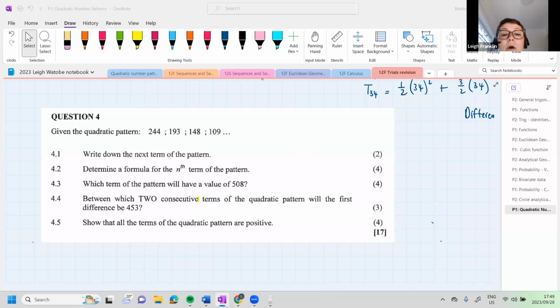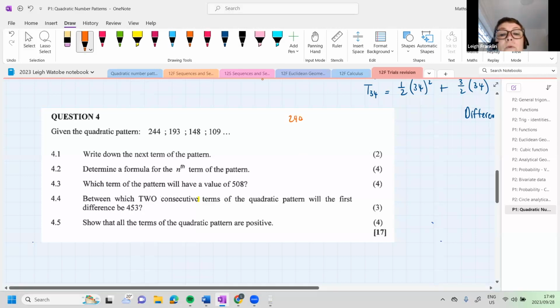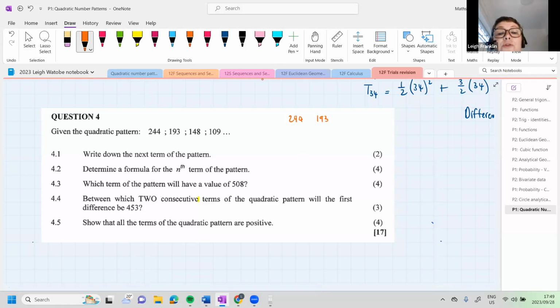So from 244 to get to 193, remember you're saying term 2 minus term 1. So now, is your difference going to be positive or negative? Exactly. Your difference is going to be negative. So we need to say 193 minus 244.